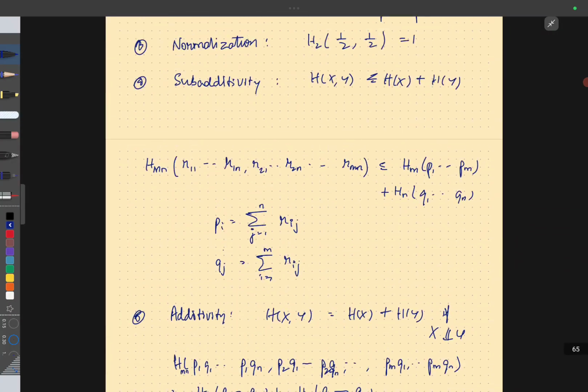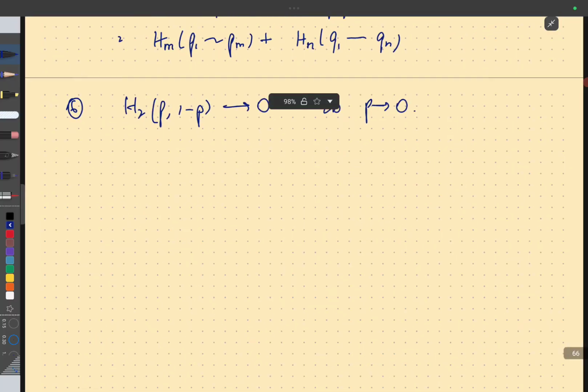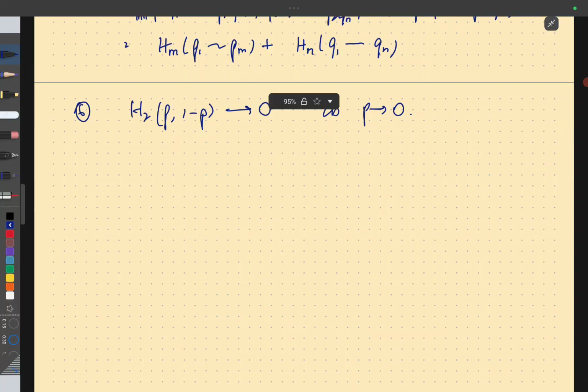So we have these 6 properties, and we want to know what all functions can satisfy these 6 properties. These are natural requirements that we would have in any measure of randomness. It turns out that the entropy is the only function that satisfies these 6 properties.